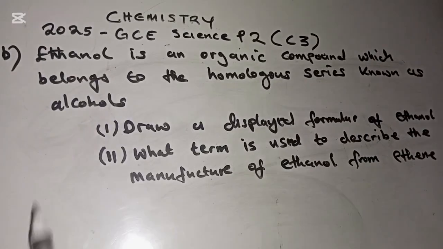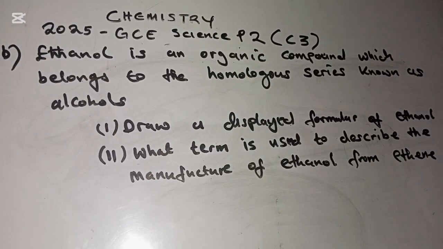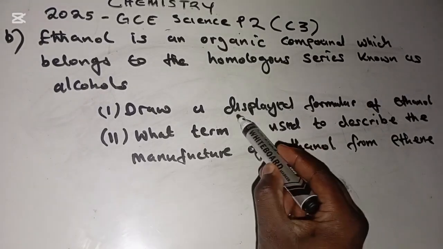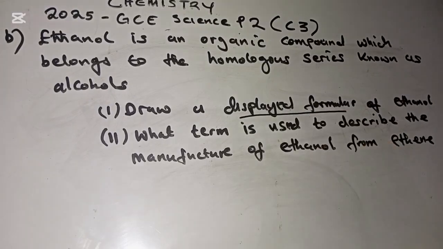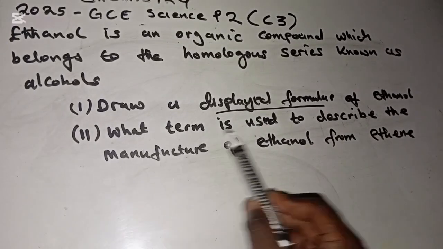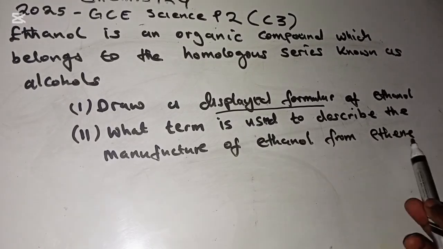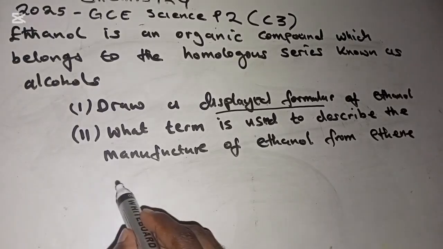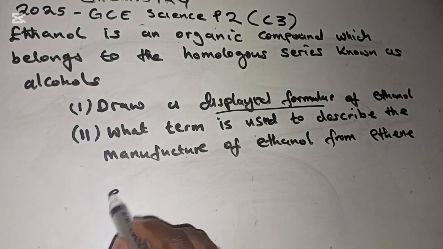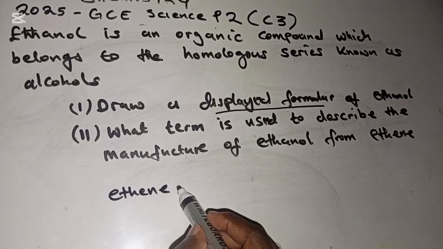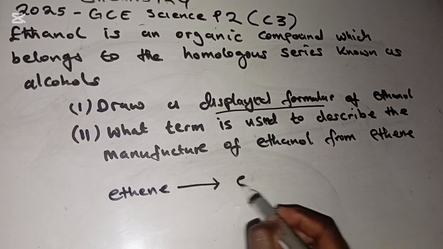So let's look at ethanol. I hope you followed the previous question. Here we want to show the displayed formula of ethanol, and also describe the term that is used. Let's deal with this one first, it's straightforward. We want to manufacture ethanol from ethene, so you want to convert ethene to ethanol.